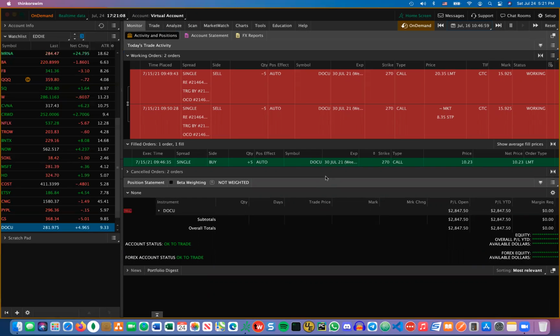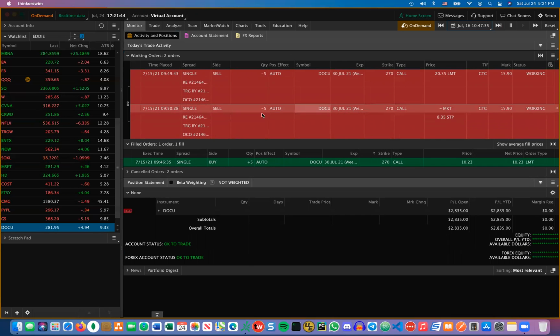Now, remember that we sold this trade at $10.23, and we are now currently at 15.9. It would behoove us to move our stop loss up from $8.35 to something like maybe $13, $14, just to protect some of that profit.